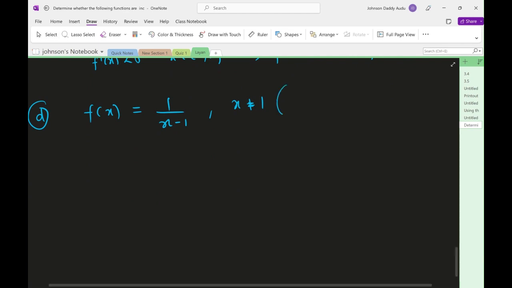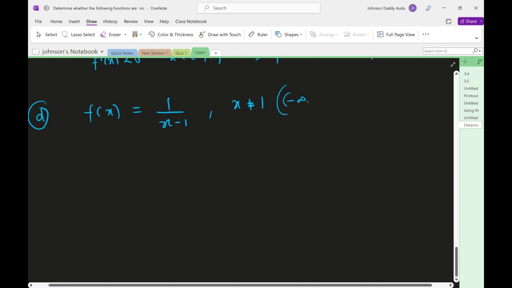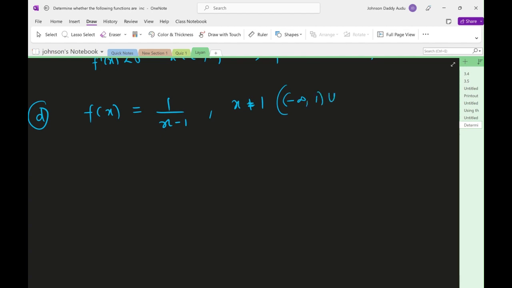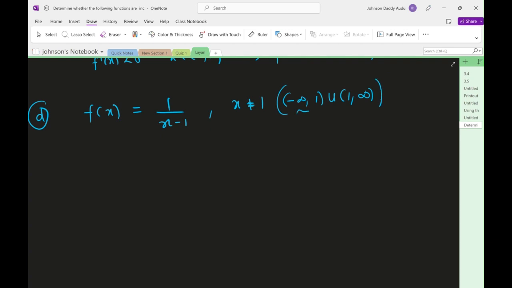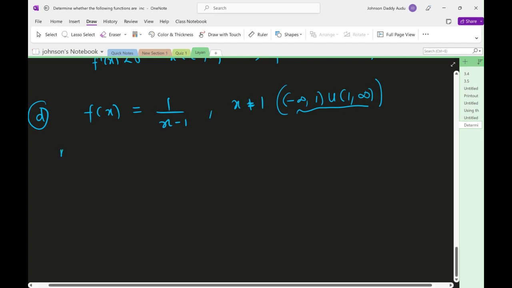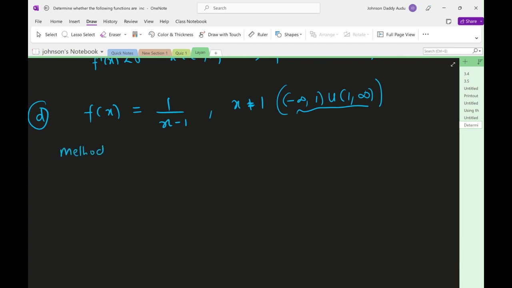What does that mean? It means just from -infinity to 1 open, union 1 to infinity. This is the same thing as that. That is the domain of the function. Now this function you can draw if you want to do method 1. Just start with the graph of 1 over x, which is something like this.